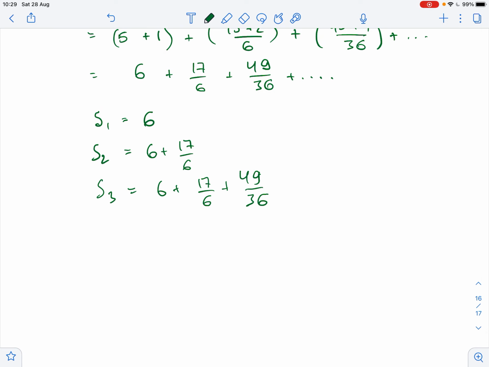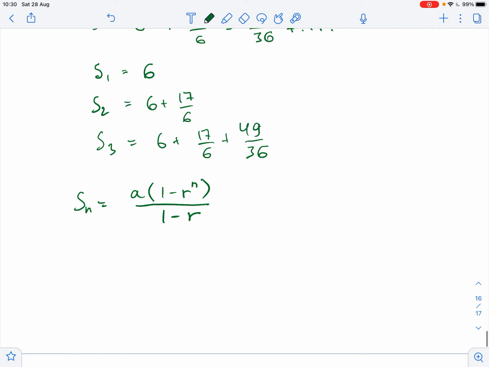Next, we know that this is a geometric series, so we will use the formula of the sum of a geometric series, which is Sn equals a times 1 minus r to the power of n over 1 minus r, where a is the first term of the series and r is the geometric ratio between every two terms.